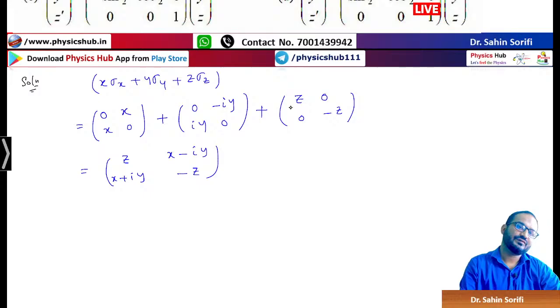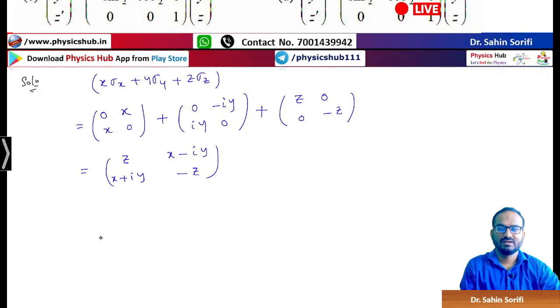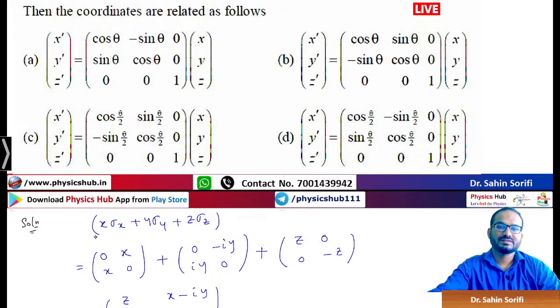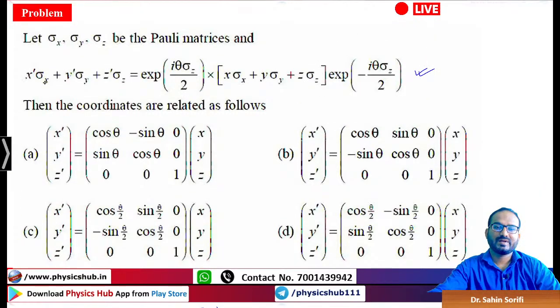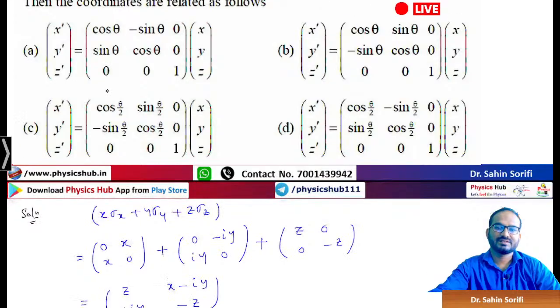So if this is the value of x sigma x plus y sigma y plus z sigma z, on the left hand side we have x prime sigma x plus y prime sigma y plus z prime sigma z.